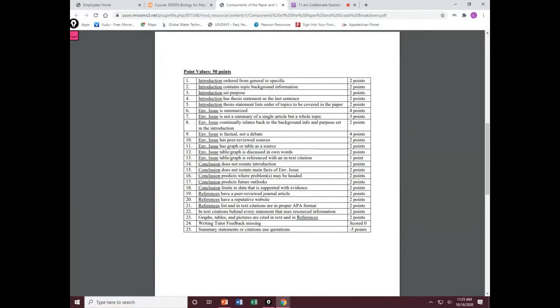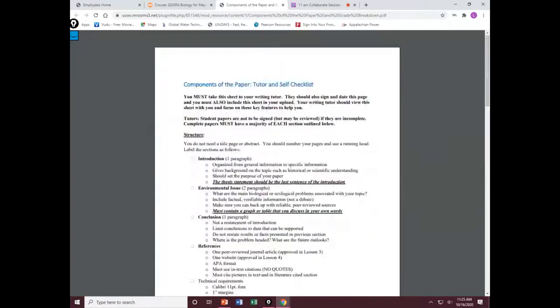This is really valuable. The writing tutors here can help you through your thesis statements, help you work in citations, a lot of stuff that you have not had the opportunity to do before. When you go to that, you need to have a full draft, all 4 paragraphs. There'll be a place to submit multiple files, and you also need to submit this, so the writing tutor can see what the expectations for the paper are.